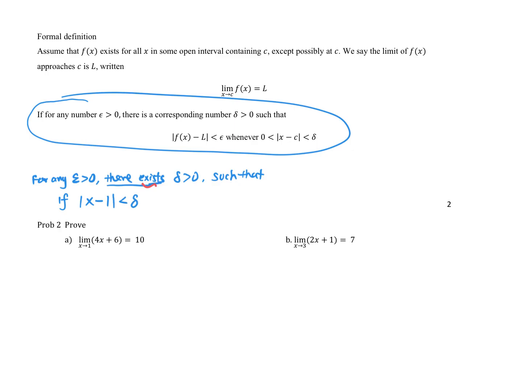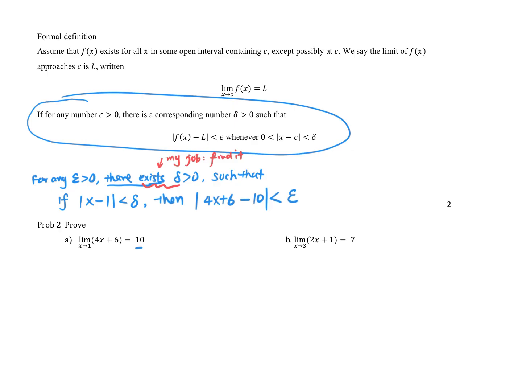and what is this delta? That's my job. My job is to actually find it. And when this happens, then your f of x, which is 4x plus 6, minus the limit, which is 10, has to be less than the epsilon that you provide to me.